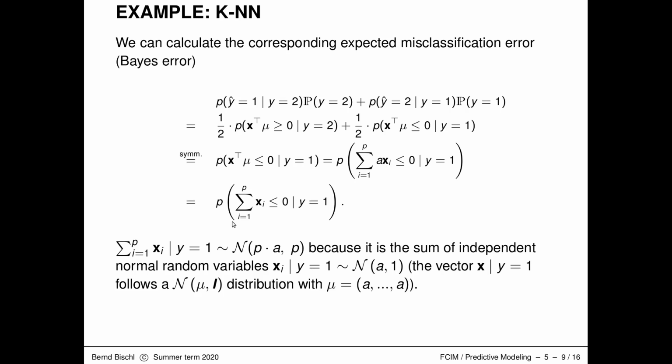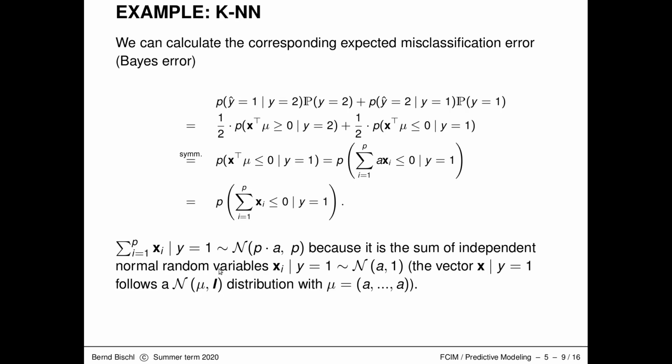So now we can take a good look at this and see, because we know that all of these xi guys here are independent normal random variables, given that we are in class 1, because of the unit covariance structure inside of class 1.